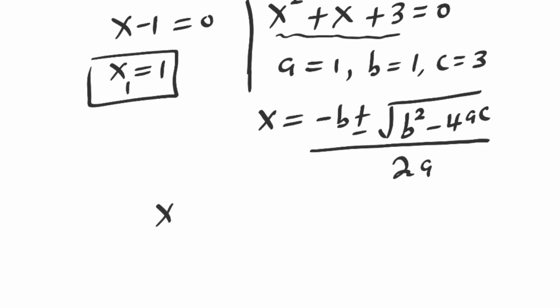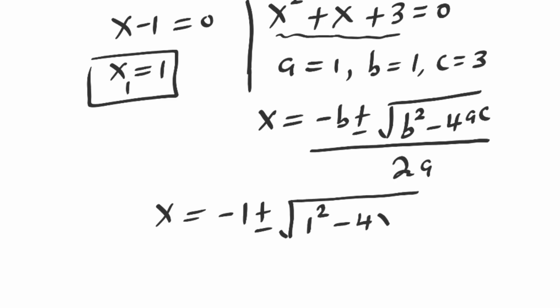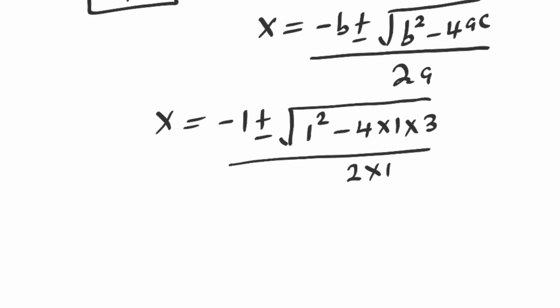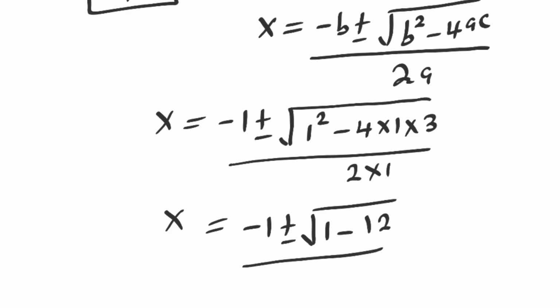Then x is equal to -1 plus or minus the square root of 1² - 4 multiplied by 1 multiplied by 3, that is 12, all over 2 multiplied by 1.